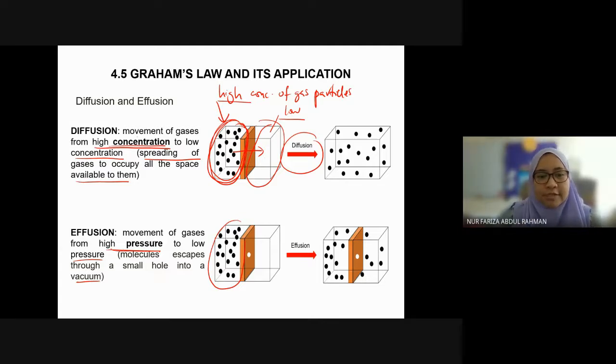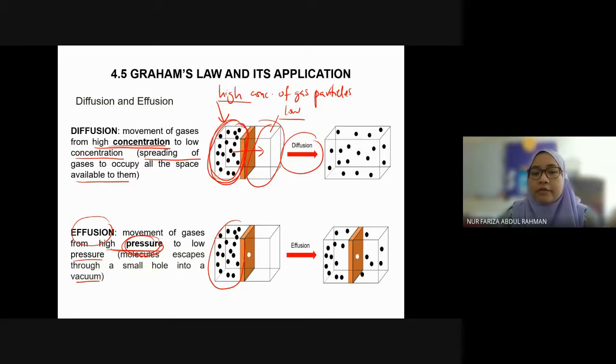Which is the same as this one, from high pressure to low pressure, from high concentration to low concentration. But in terms of effusion, instead of using concentration, it is mentioned in terms of pressure. Tapi the understanding is still the same.